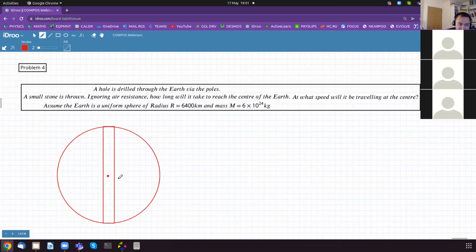The center of the planet acceleration is zero because you're being pulled equally in all directions by the planet. So the acceleration would be zero. But acceleration here is constant. So at which point does constant acceleration become zero?